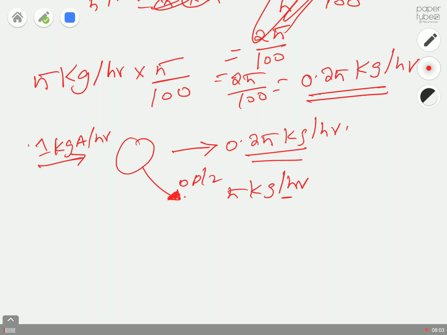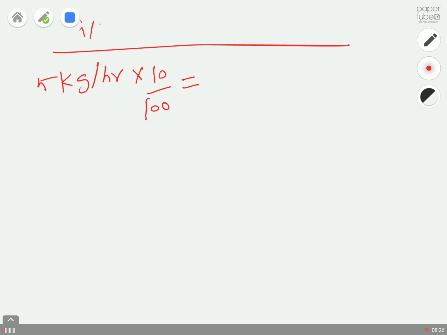It's really easy to perform. Your total mass flow rate, which is 5 kg per hour, multiplied by 10 by 100, is what goes in, so this is for your input stream. It is equal to the output, which should be equal to 5 multiplied by 5 by 100 plus 5 multiplied by x by 100.